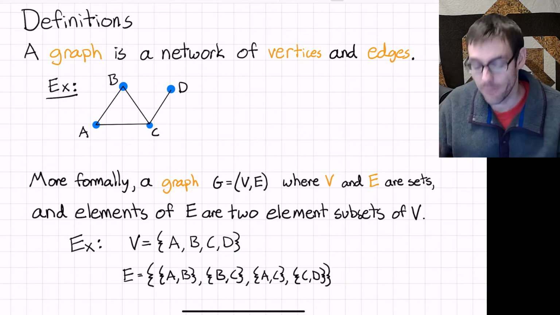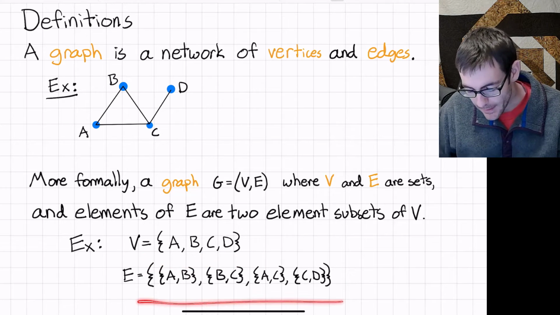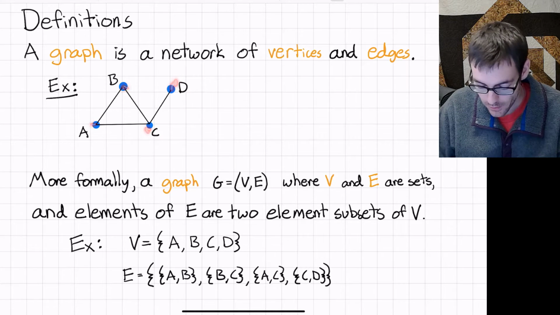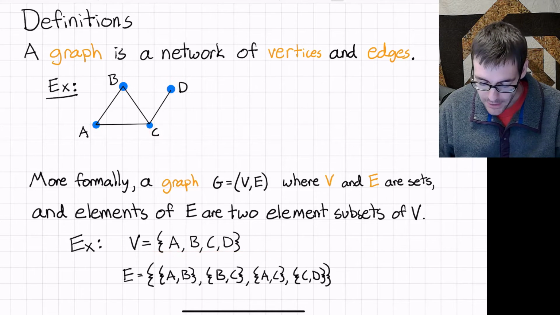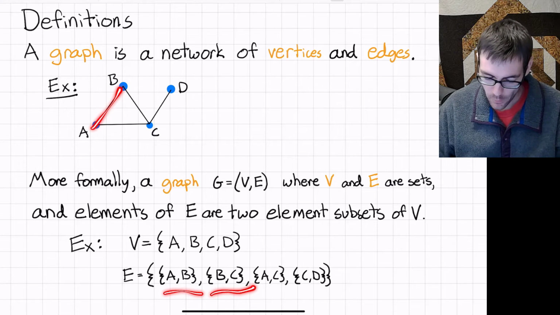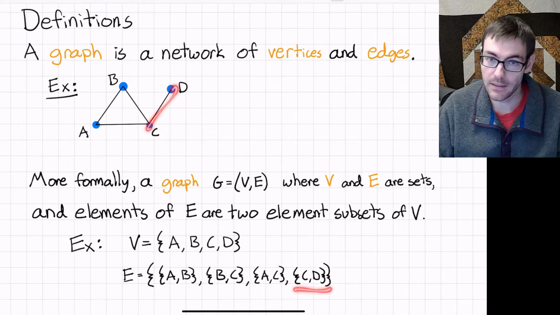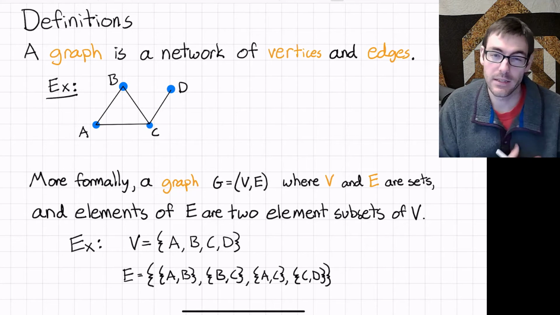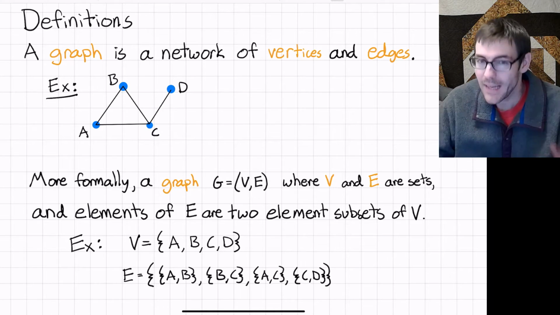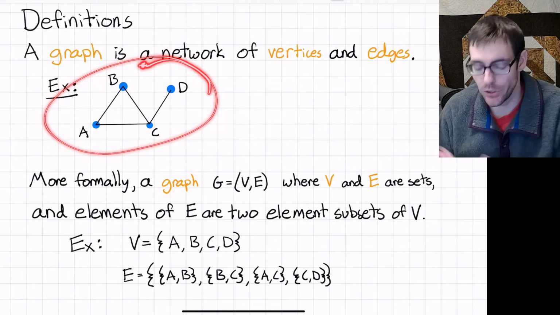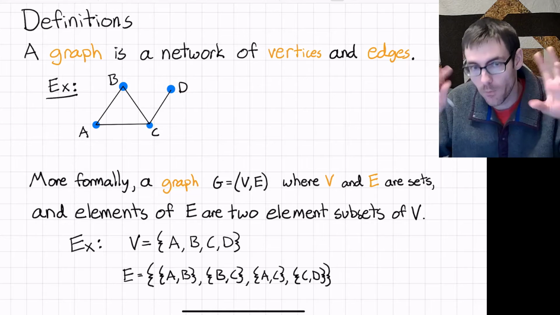The collection of vertices is the same, and the collection of edges is the same. We have four vertices in this picture, four vertices here, and the edges that we have: AB, BC, AC, and CD. So the edges line up, the vertices line up. So we like to think that this picture is a graphical representation of this formal graph.